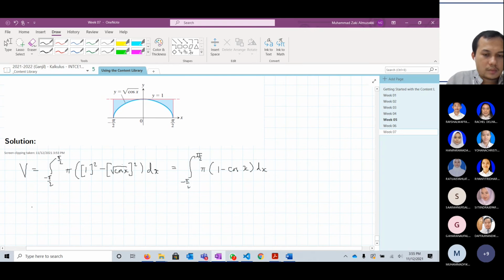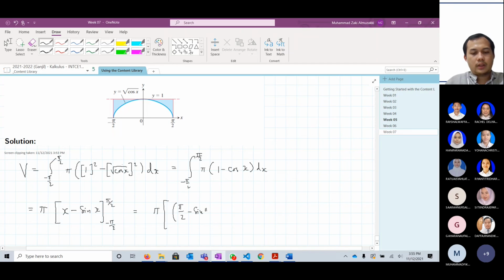And here this function is even, but it doesn't matter. Let's just integrate it. The integral becomes pi times x minus sine of x from minus pi over 2 to pi over 2, which is pi times pi over 2 minus sine of pi over 2, minus minus pi over 2 minus sine of minus pi over 2.